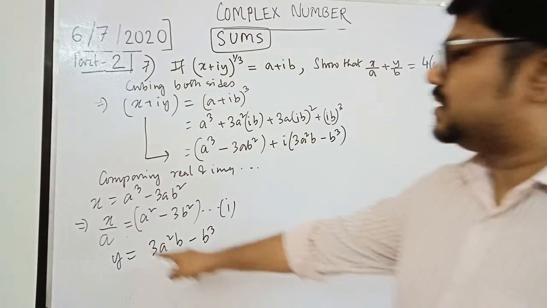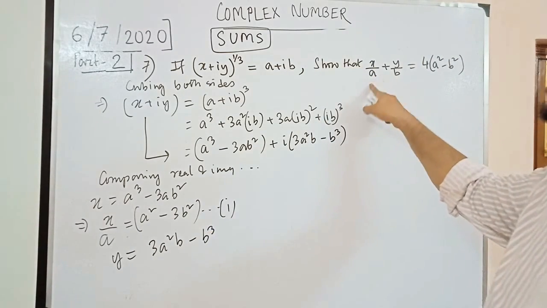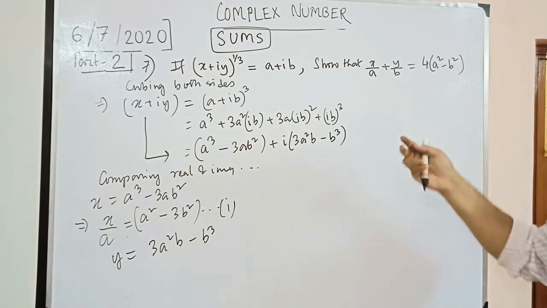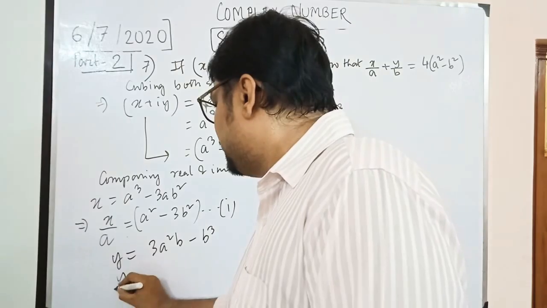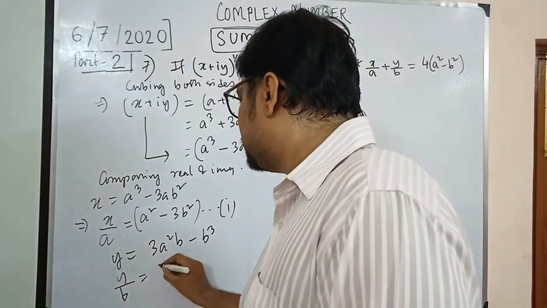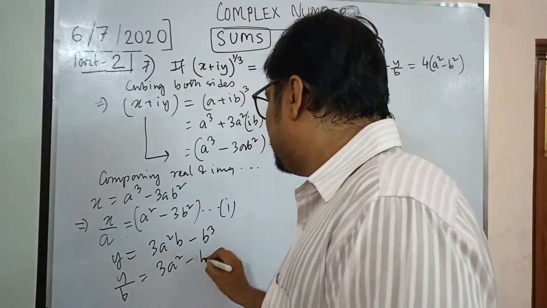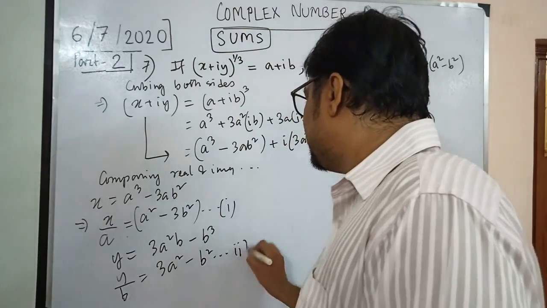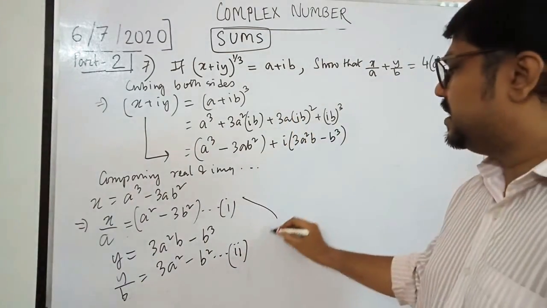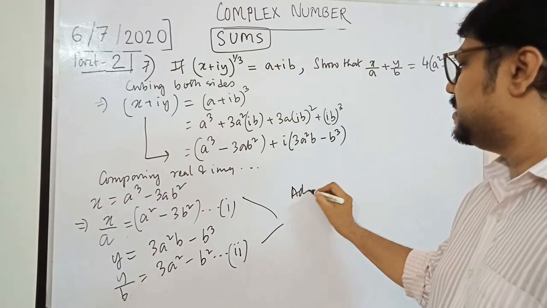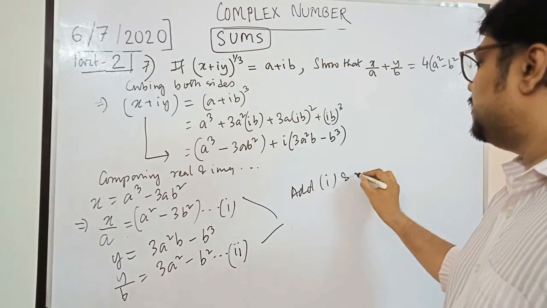Why am I doing this division? Because I see this kind of thing over here: x by a and y by b. That's why I am performing this division. So y by b, if I do, I get 3a square minus b square. This is my equation 2. So you can add these two, add 1 and 2.